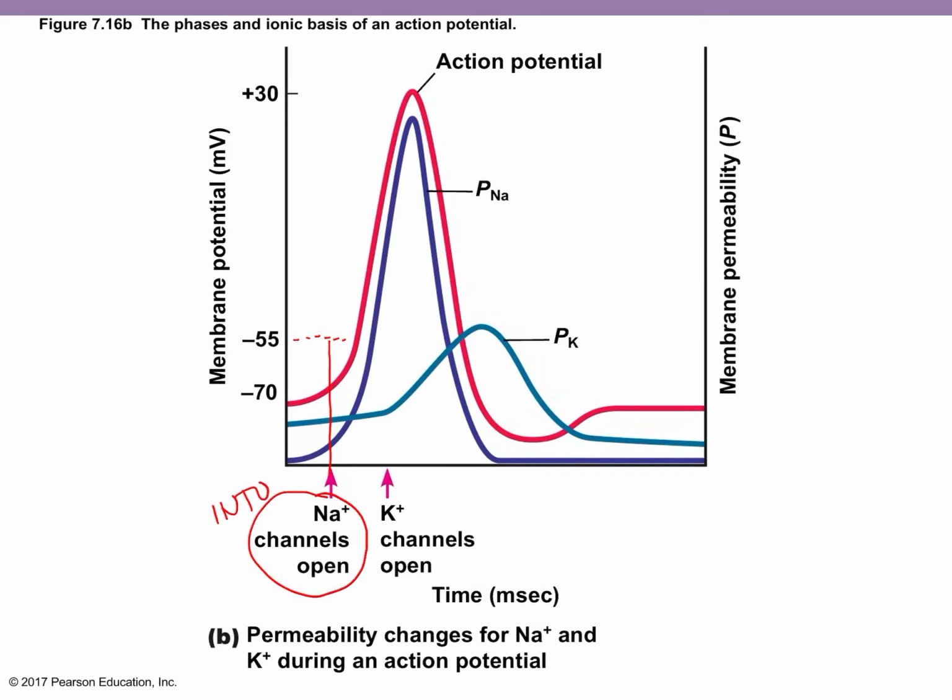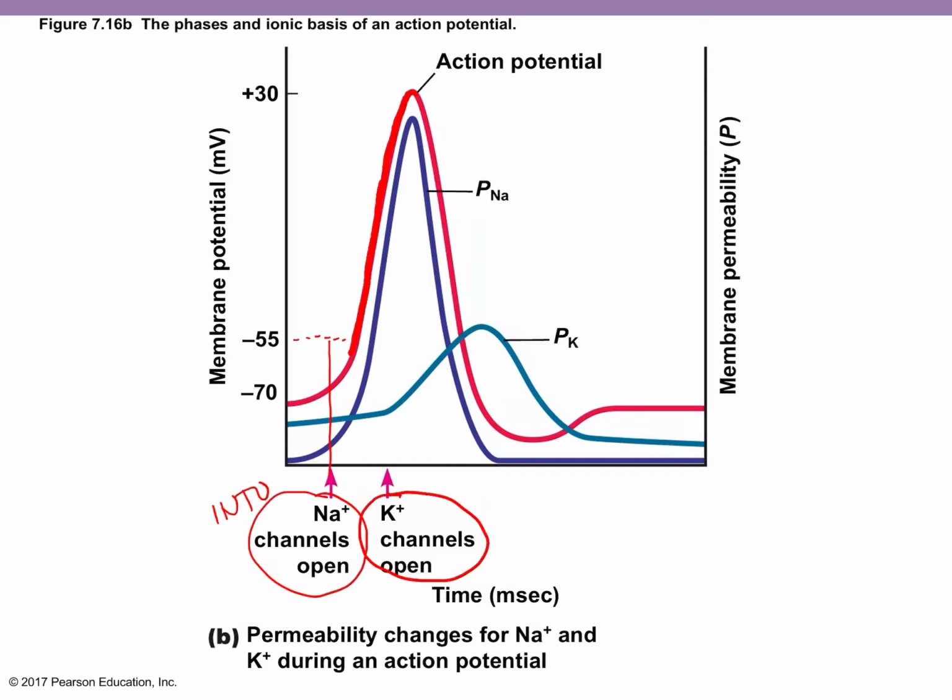The positive charges are coming in, and we're going to move towards equilibrium potential of sodium, right? Remember that was, I think, positive 60. So we're moving towards that equilibrium potential for sodium. However, right, they are going to inactivate, and then the potassium channels are going to open.